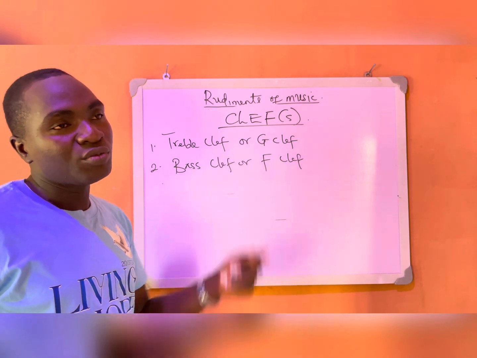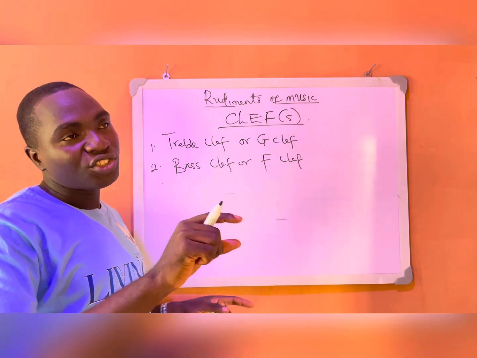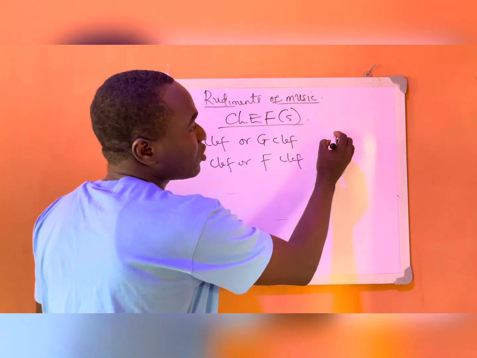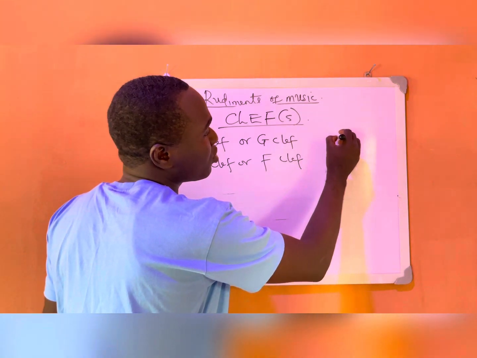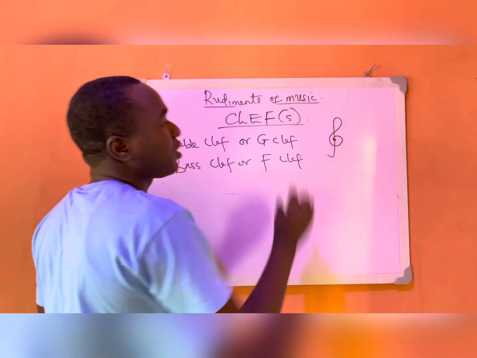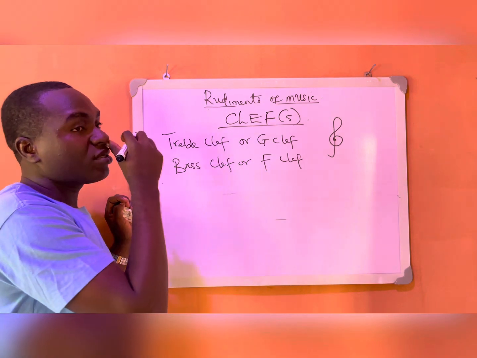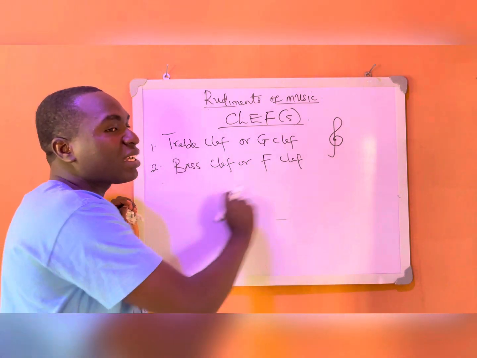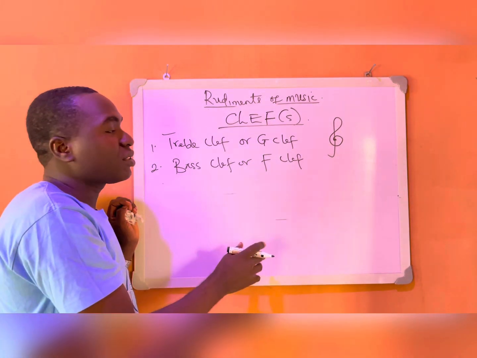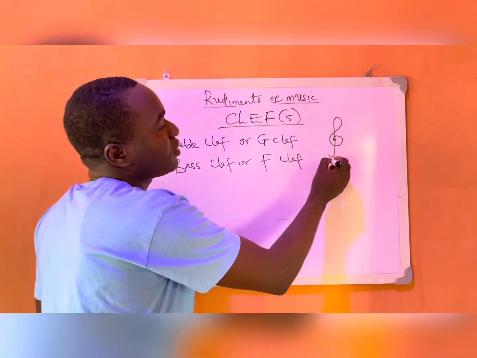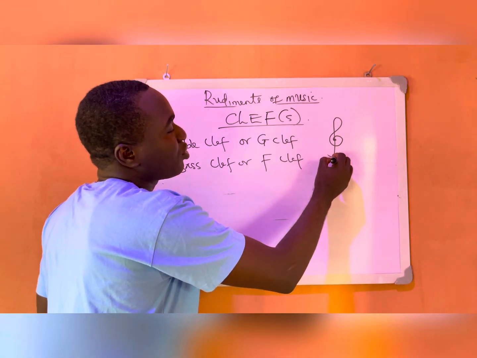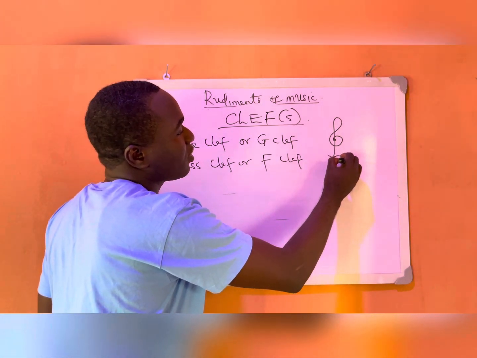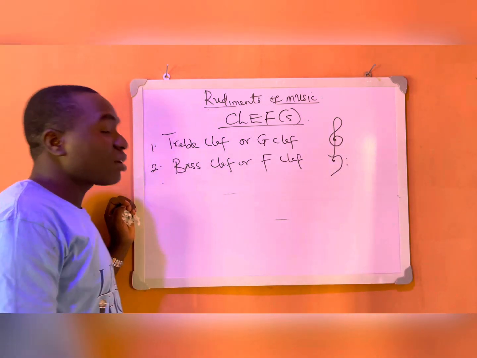As we go on, we'll see, because it starts from alphabet G. Or another reason it's called G clef is because the symbol looks like a G. The same thing applies to this. We start the drawing from line F on the bass staff, and it also resembles the letter F, if that's the reason, backwards.